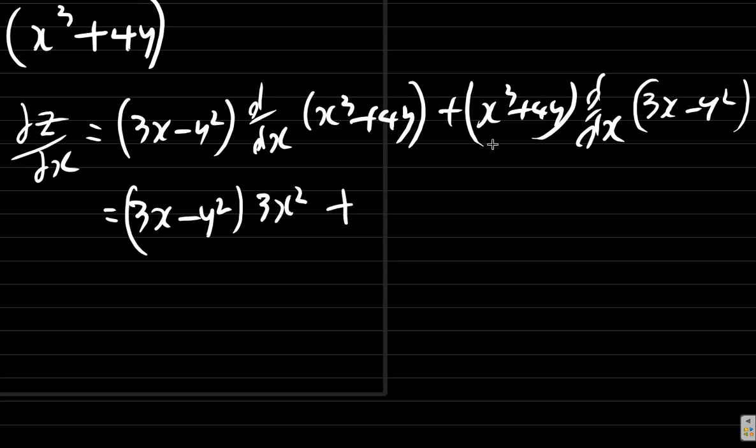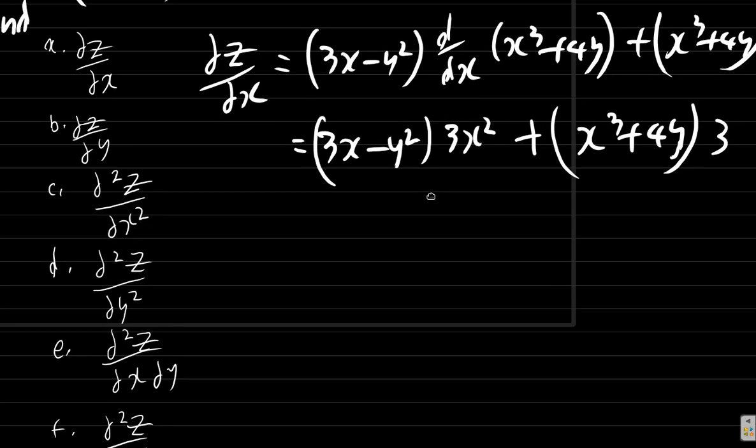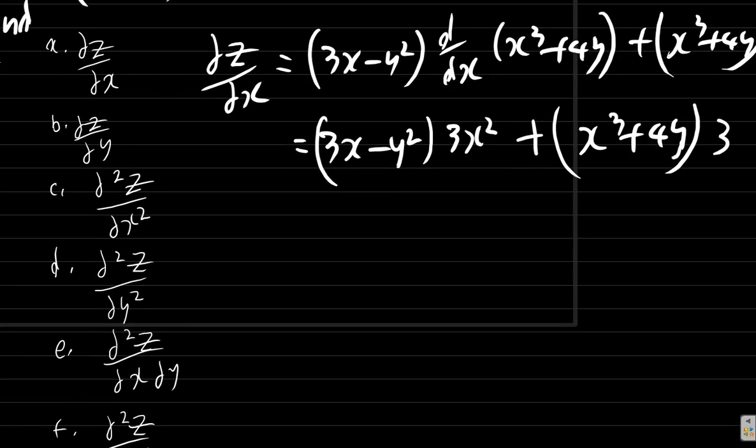Plus, then you have x cubed plus 4y times, you differentiate this with respect to x, what do you get? You get 3. So you have your delta z by delta x. That was part A. Now let's look at part B.